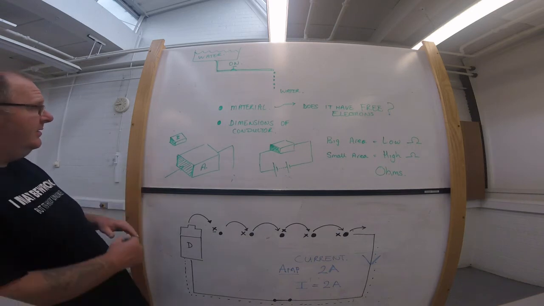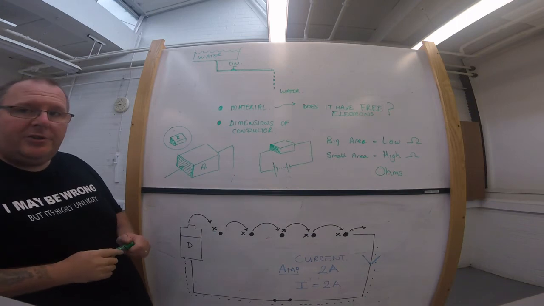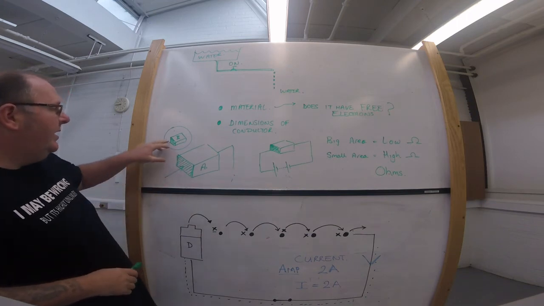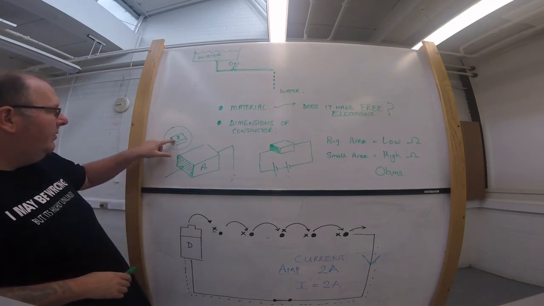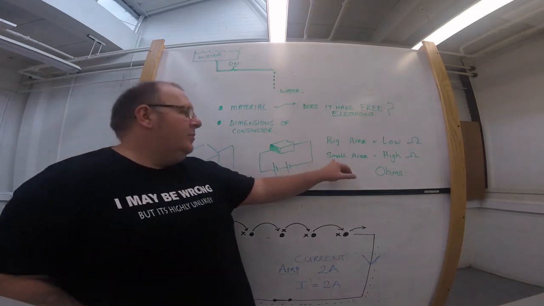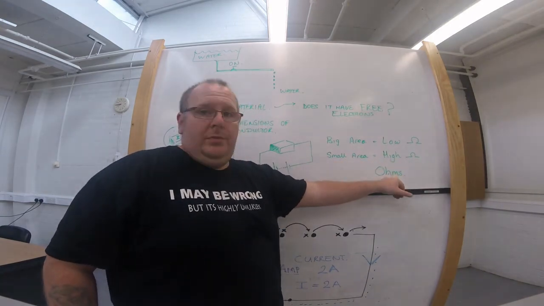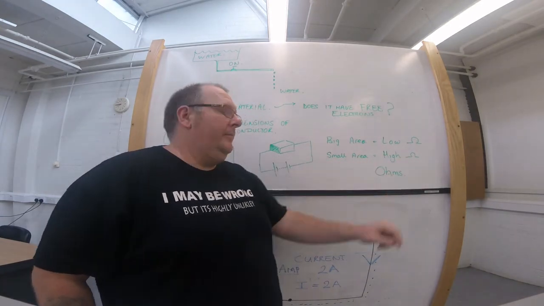Well, the answer is B. B has a larger resistance than A because B has the tiny little area. Small area, high resistance, measured in ohms using the symbol omega.